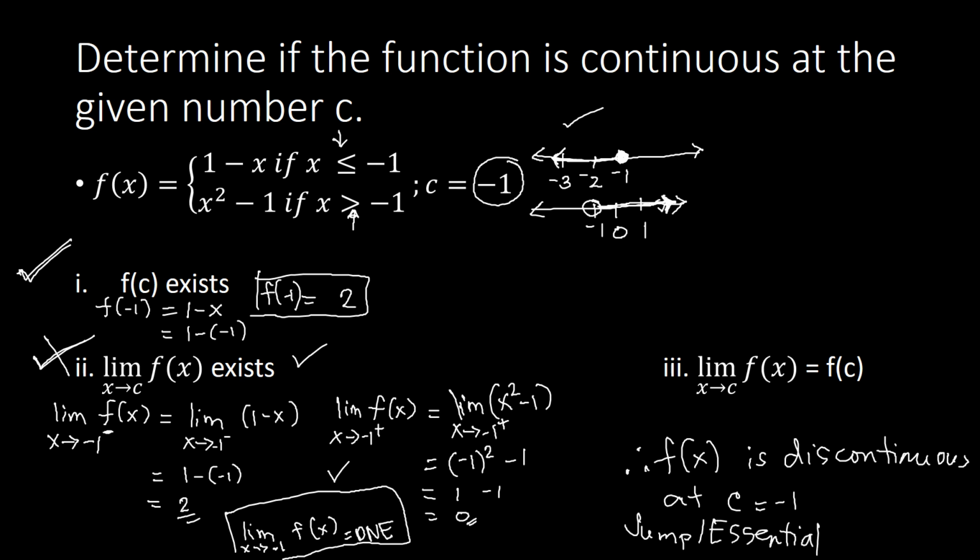Again, if you've got an existing f of c and a non-existing limit, meaning the limits from the right-hand and left-hand do not agree, the type of discontinuity there is what we call the jump or essential discontinuity.